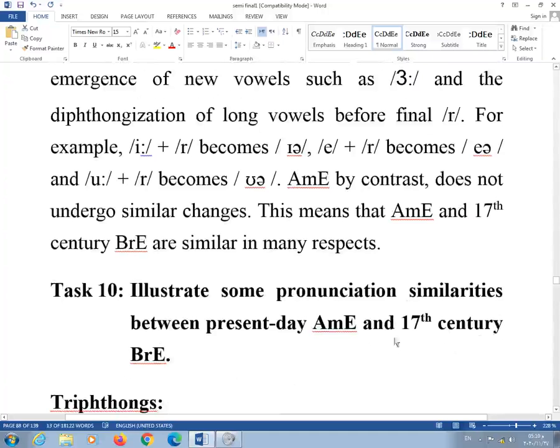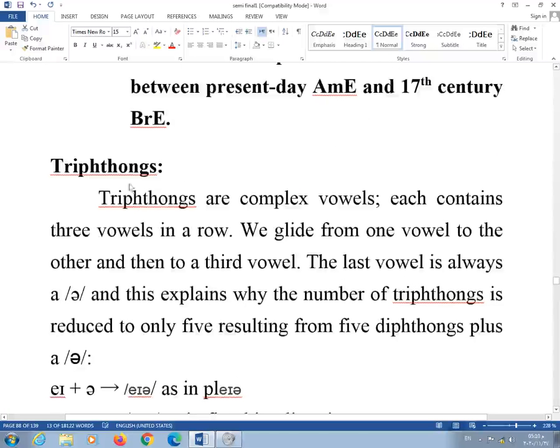English in the 17th century was rhotic, meaning they pronounced all R's in all positions. Just like American English.